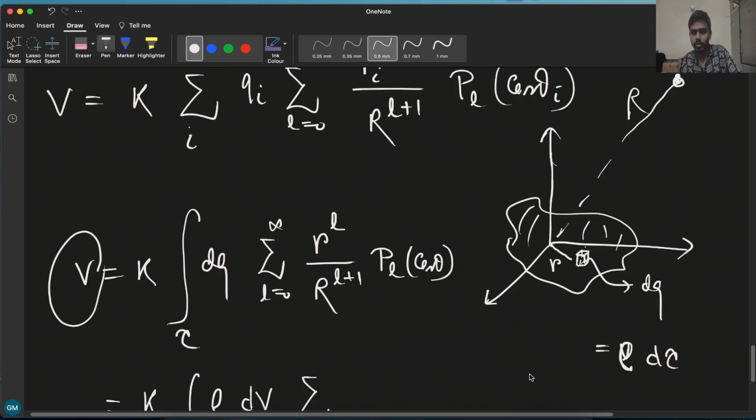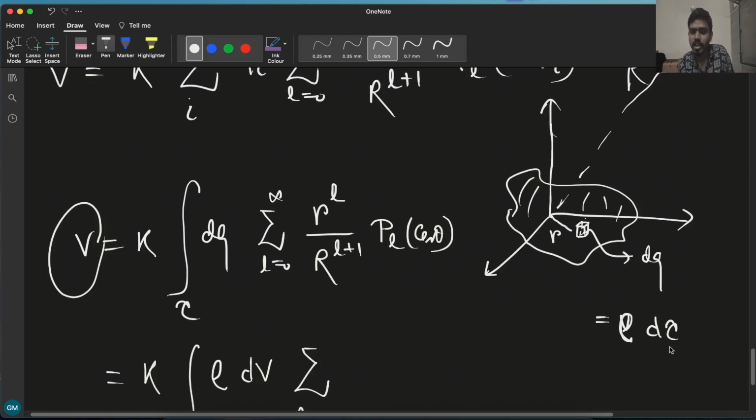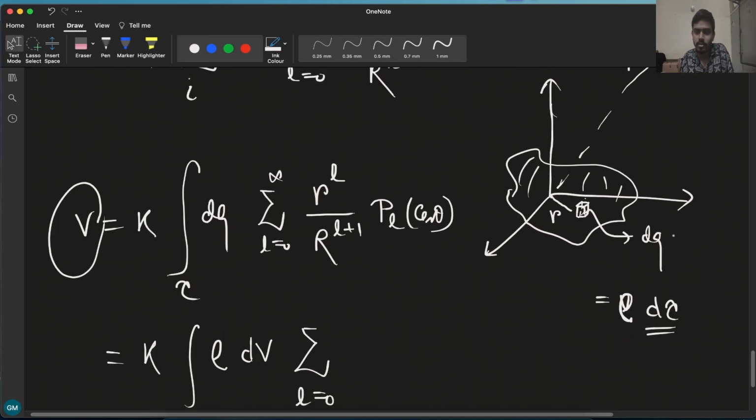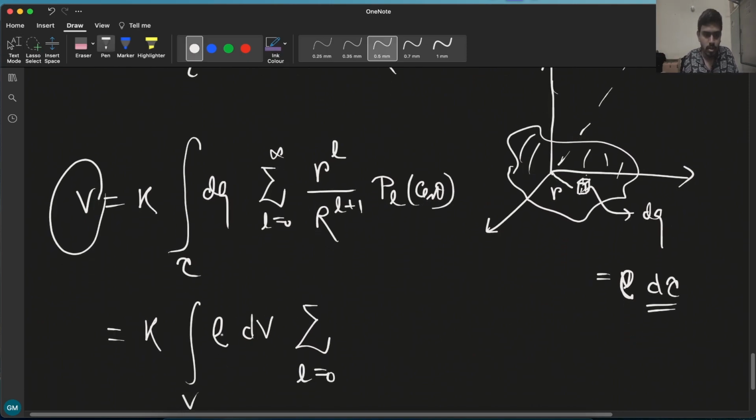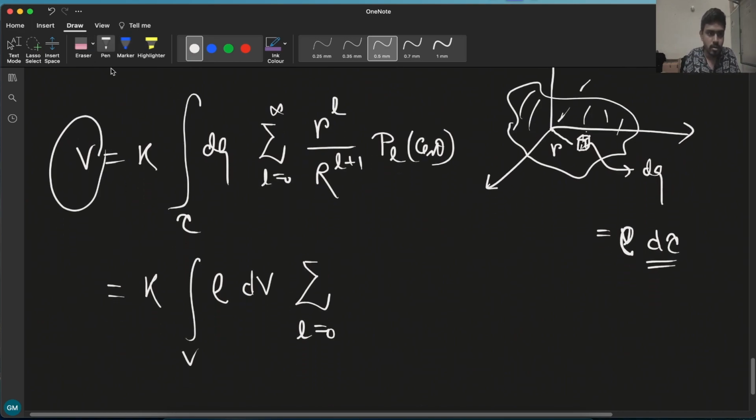So dq is basically rho times d tau. d tau is the infinitesimal volume, and rho is the charge density. Density times volume is the total charge. So our potential, because of this entire charge distribution, will be the integral of rho d tau over all this volume.